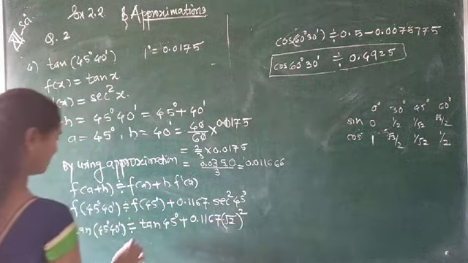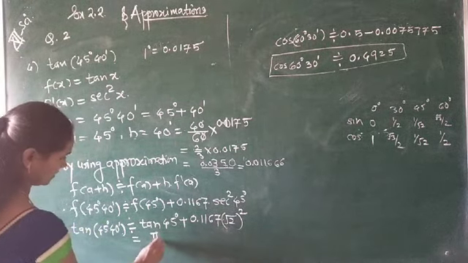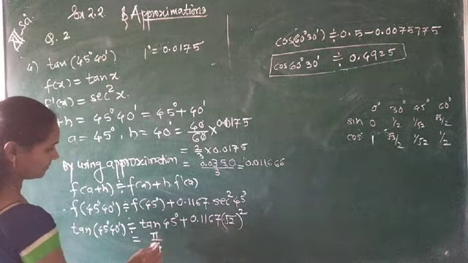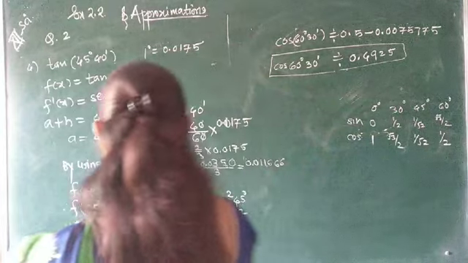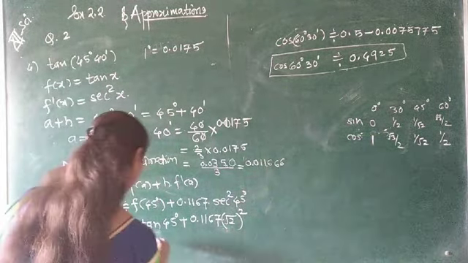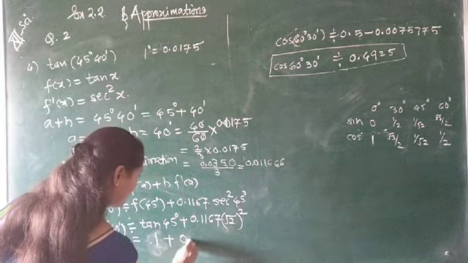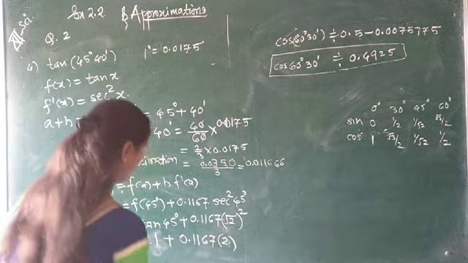And tan pi by 4, 45 degree, which is pi by 4. Sorry, tan pi by 4 is 1, plus 0.1167 into root 2 square, which is 2.